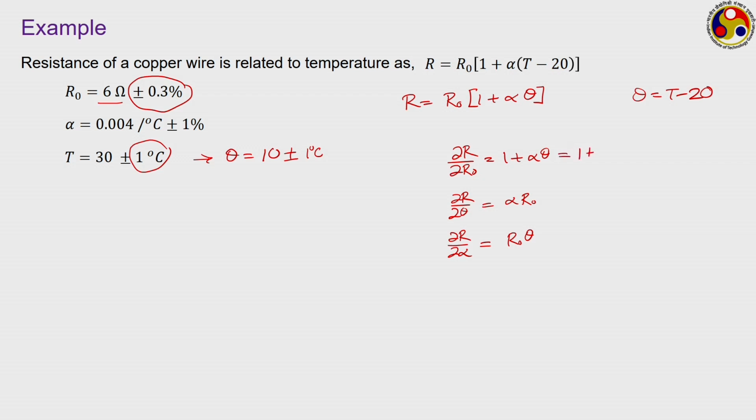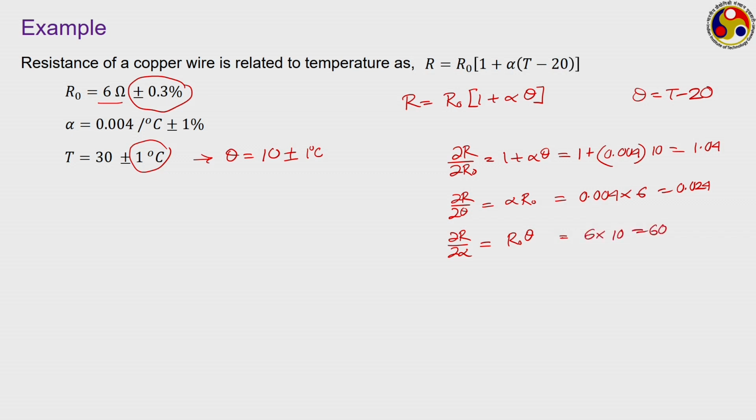If we put the values, 1 plus alpha, that is 0.004, into theta, which in this case is 10, the sensitivity of R to R naught comes to be 1.04. For theta, alpha is again 0.004 into R naught, which is 6, so 0.024. And R naught into theta, with respect to alpha, is 6 into 10, that is 60.